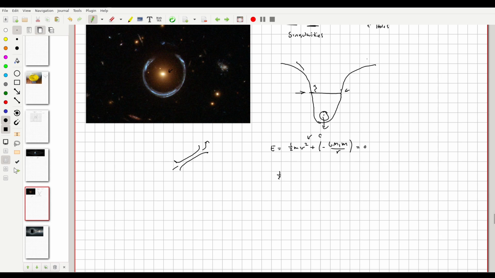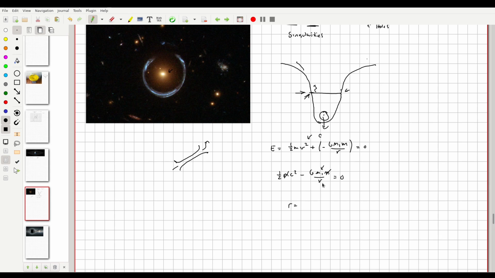So you would have 1/2 mc² minus G m1 m over r is equal to 0. And these masses right here cancel. M1 would be the mass of your black hole right here. So the radius of your black hole, that is the point. And I say radius of the black hole, it's not quite true. That's just the distance away from the black hole in which you're basically out of luck.